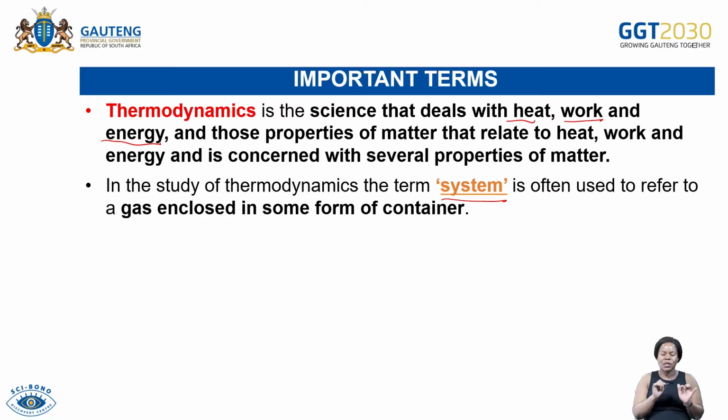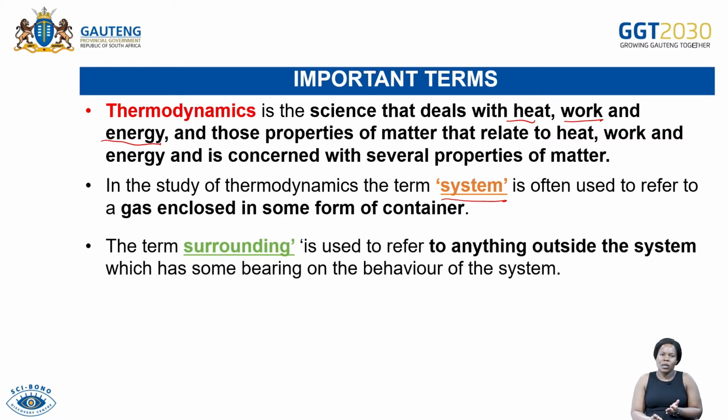Should there be changes inside this container, we refer to it as a system, and anything outside it, we refer to as the surroundings. A surrounding is a term used to describe anything that is outside of the system.